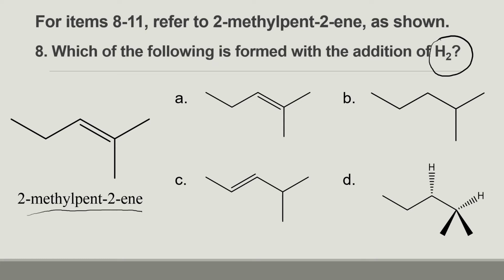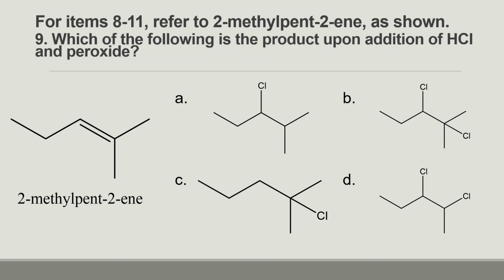Okay, so dahil nga walang catalyst sa binanggit, we cannot assume anything unless it's stated. So while we thought na it would be good na magkakaroon ng hydrogen dito sa magkabilang dulo ng double bond, that is not the case. Therefore, the answer for number 8 is A. No reaction. So it's still the same compound kasi wala tayong nilagay na catalyst.